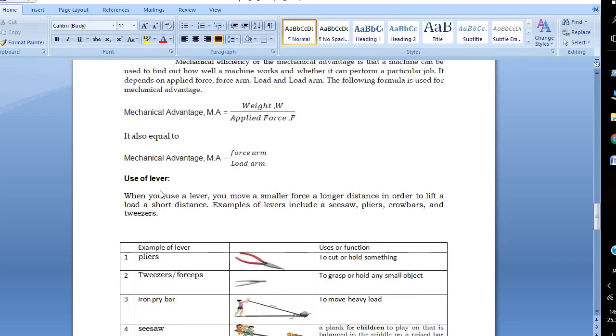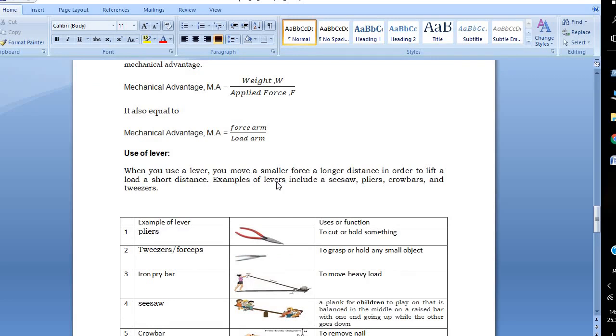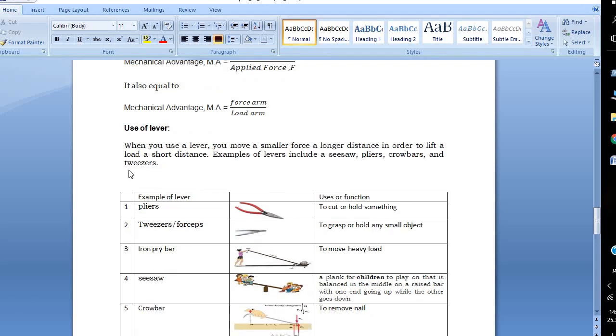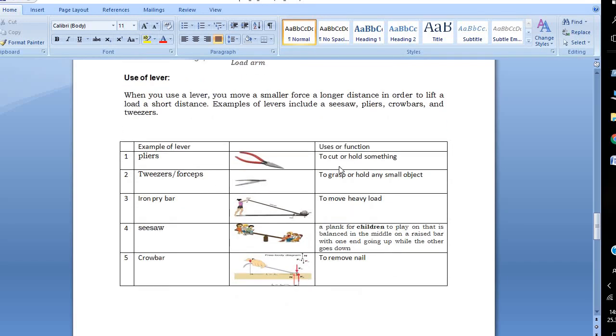Okay, so come to the use of lever. When you use a lever, you move a smaller force a longer distance in order to lift a load a short distance. Examples of levers include a seesaw, pliers, crowbar and tweezers. Pliers are used to cut or hold something.